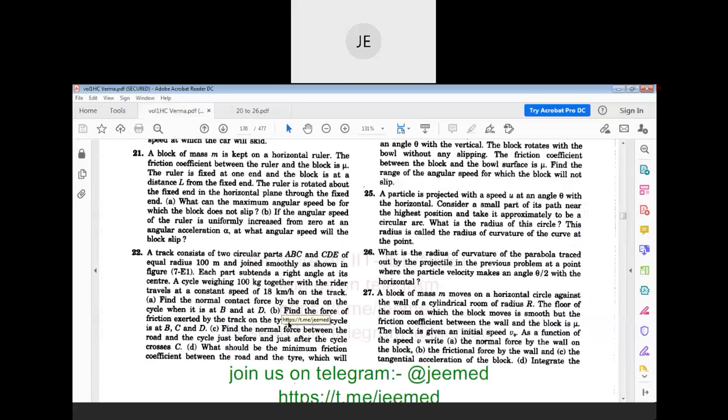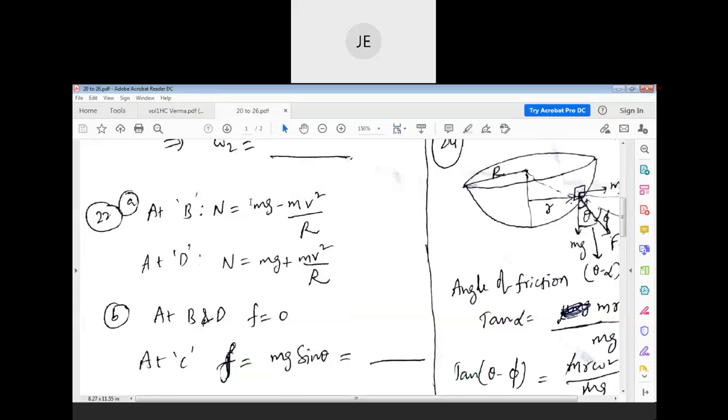The next question, question B: find the force of friction at B, C, D. At B and D, there is no friction actually.